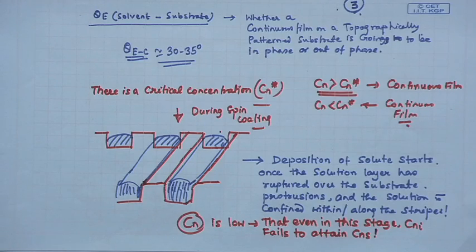Talking about a situation where the initial concentration of the solution you have taken is so low that even in this stage Cni fails to attain CNS.